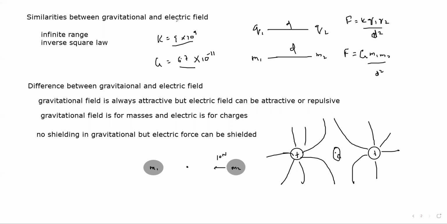So when you have, for example, a unit mass and a unit charge, if I say all these factors are kept constant, m1, m2 and d squared, then the force is proportional to the constant value. The gravitational constant is very small as compared to the constant used in Coulomb's equation, which has a much higher value.